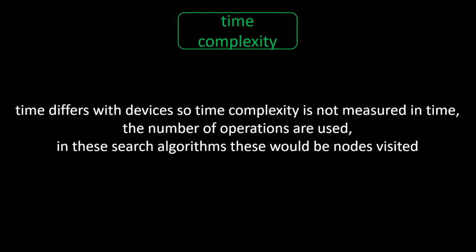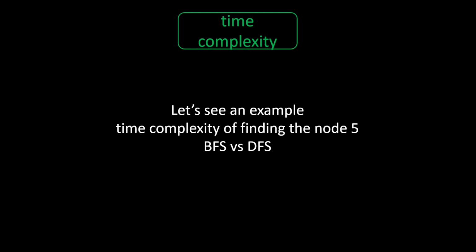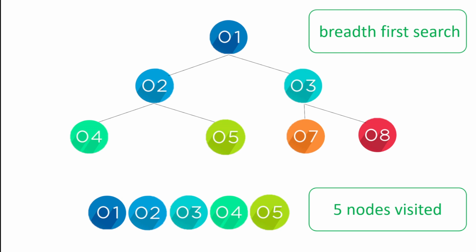Time complexity. Now, time complexity is not measured in time. So if you're looking at algorithms, you can't use time as a measurement. What you can do is use the number of operations. So in these search algorithms, this would be the number of nodes that are visited. For example, here we've got breadth first search and we want to get to node 5.